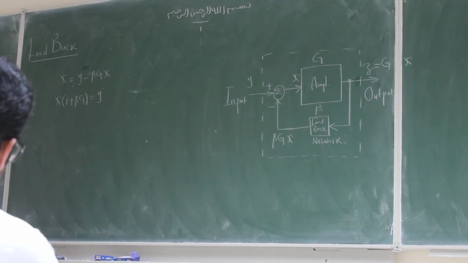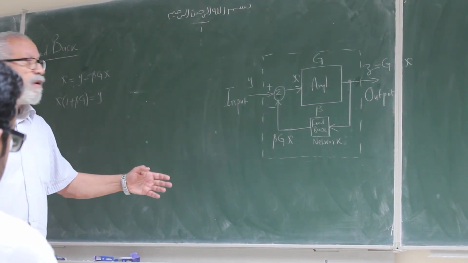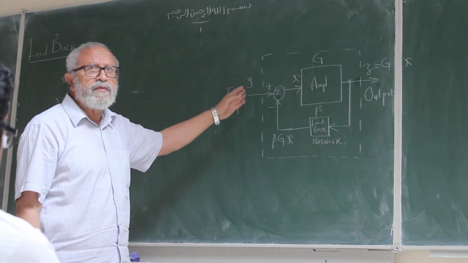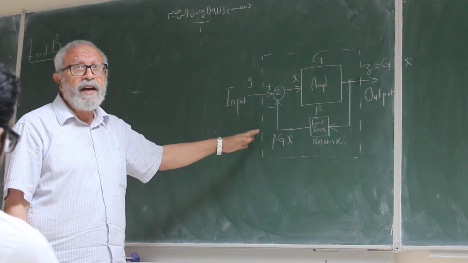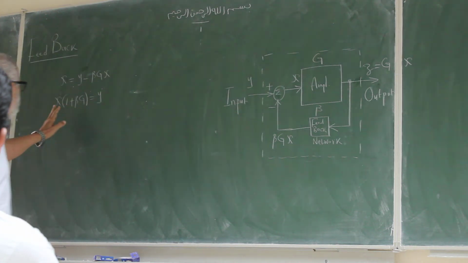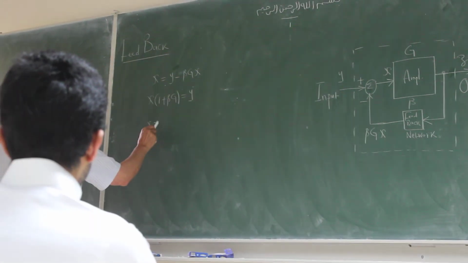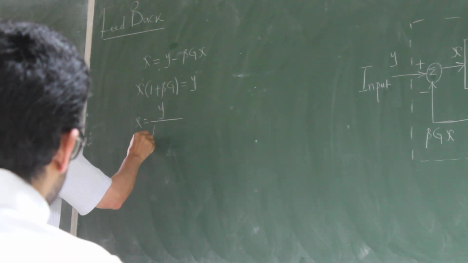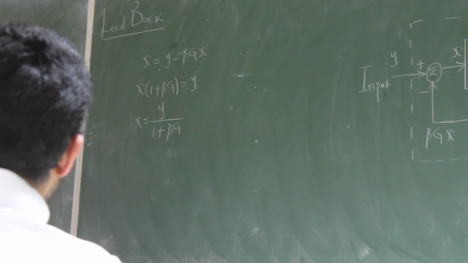What is Z? Yes, assuming that the feedback voltage is subtracted from the input voltage. It can be the opposite, it can be plus. هنشوفها الآن. ماشي؟ So this is the relationship between X and Y. يبقى X is equal to Y over 1 plus beta G. But I need Z. What is Z?